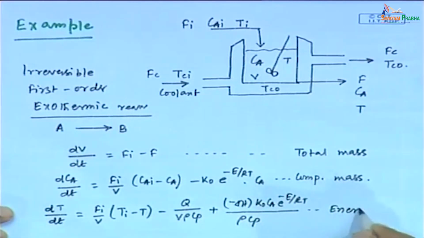This equation we got performing energy balance. You see, all these three equations are state equations, because these equations have been derived by the application of the conservation principle on fundamental quantities, fine.